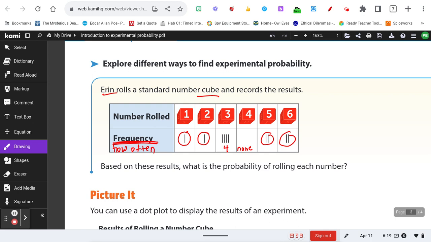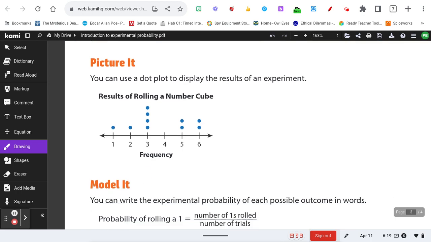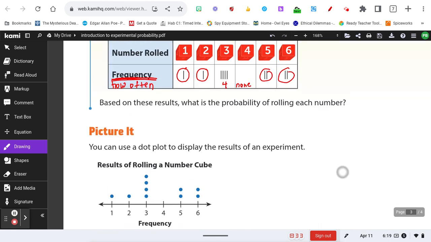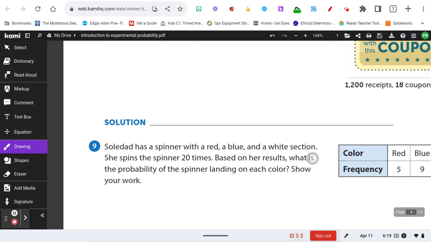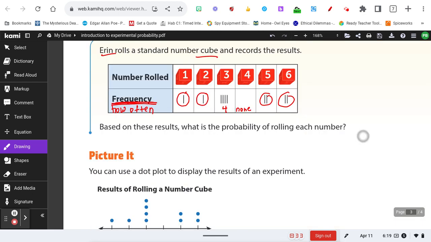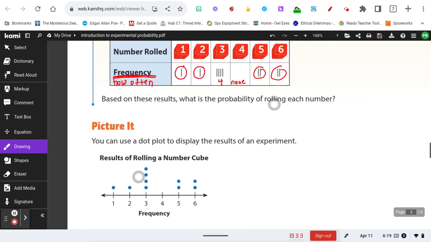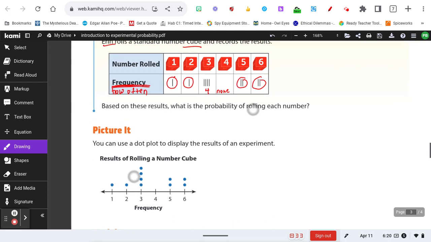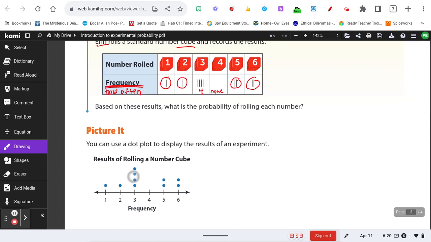All right, let's take a look at it. I'm going to show you this dot plot. You can look at the dot plot to see the numbers 1, 2, 3, 4, 5, and 6. The dots represent the frequency, how many times.